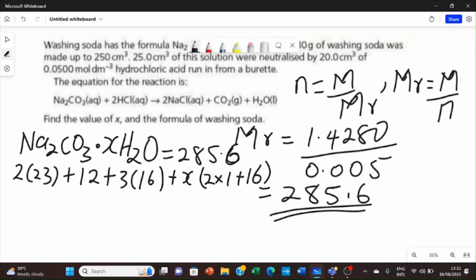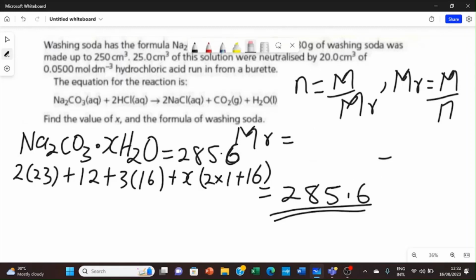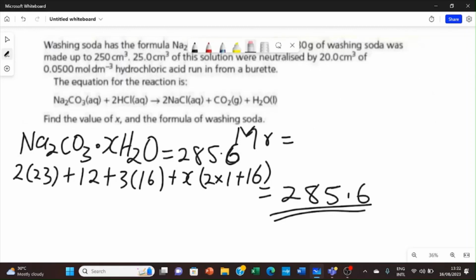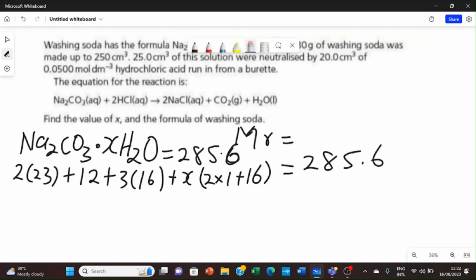I have to erase this for space. So it will now be equal to 285.6 as the molar mass.